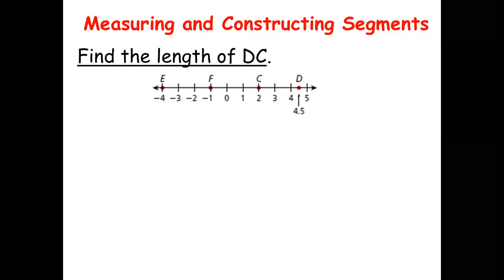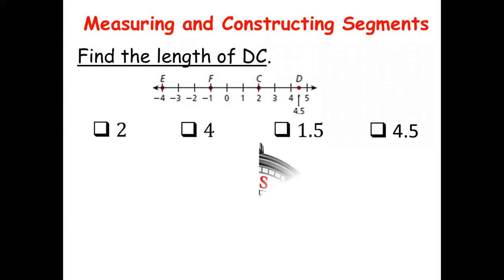I have taught you the tricks to find the distance on number line. So the options for you are 2, 4, 1.5, or 4.5. So your time starts now. You've got 20 seconds to do the question.